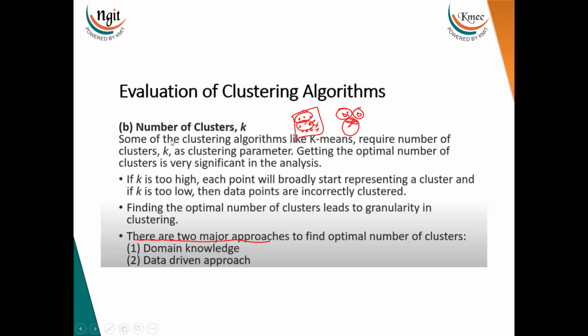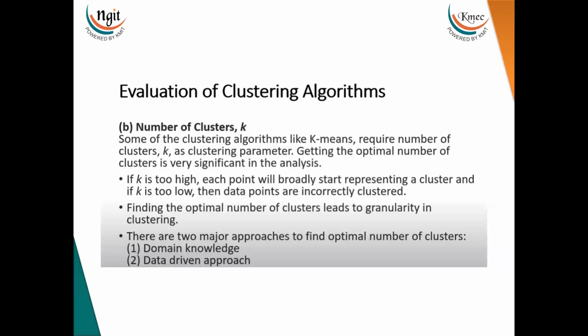The next point is the number of clusters. We have seen algorithms like k-means and k-medoid, where we take the factor k to determine the number of clusters to form. If we take k value as 2, we are forming 2 clusters. We should be careful while selecting this number of clusters.